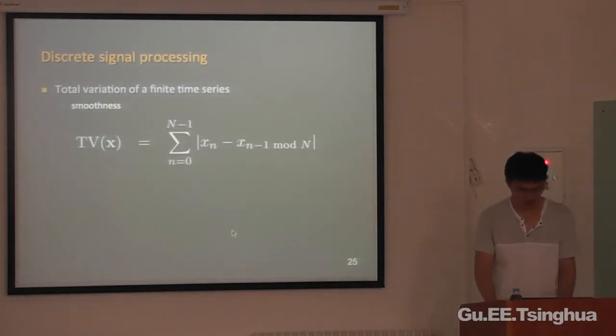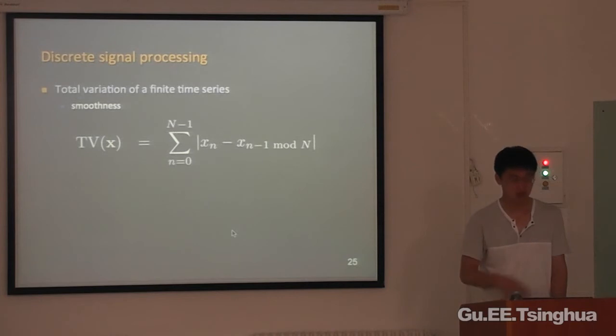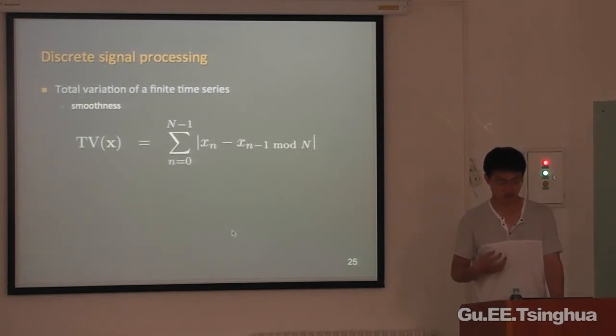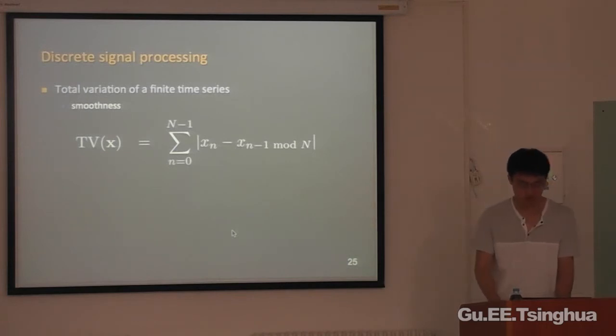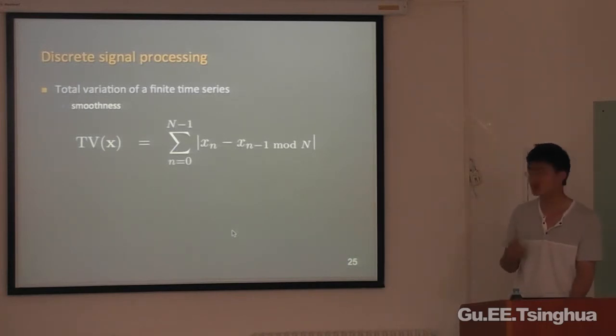So the last concept is called total variation. I introduced this concept because later when I do graph signal inpainting, I will use it. It represents the smoothness of the signal. When we try to describe the smoothness of a finite time sequence, we have this total variation.